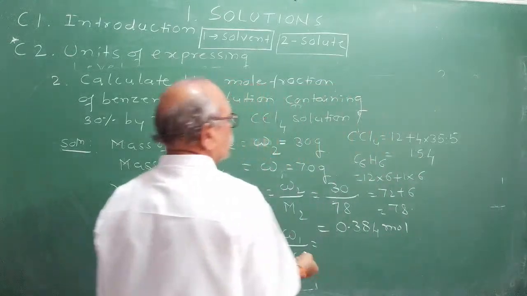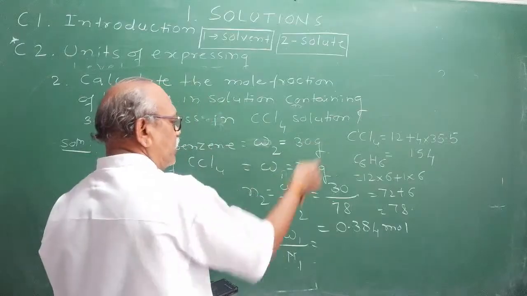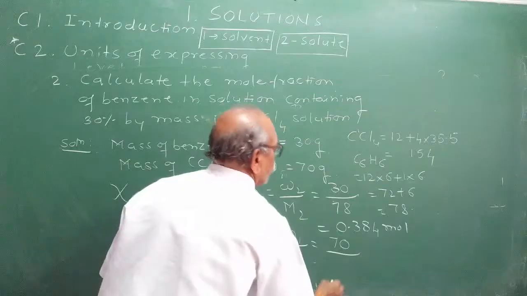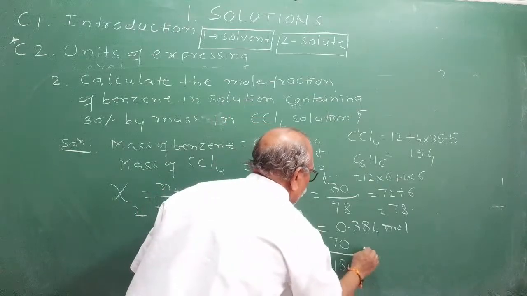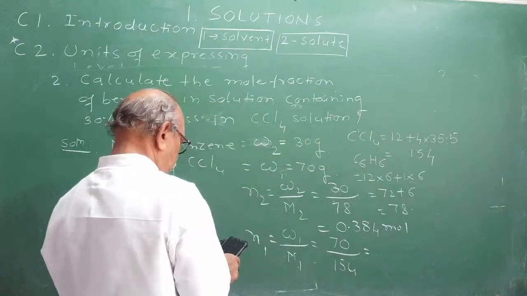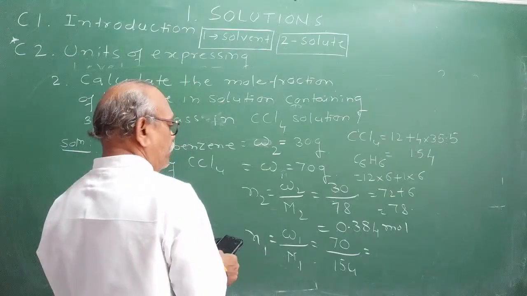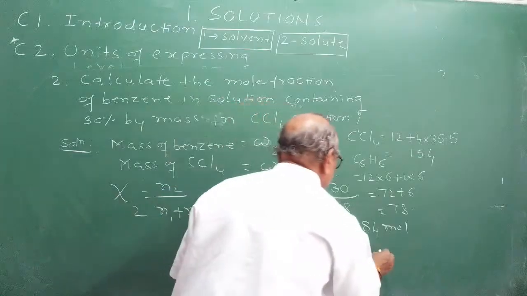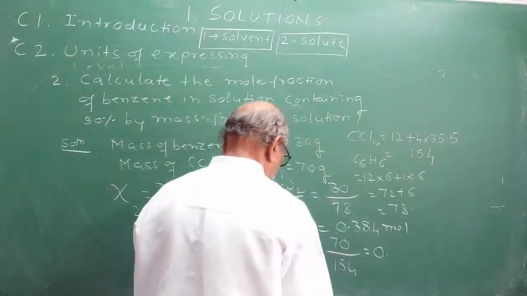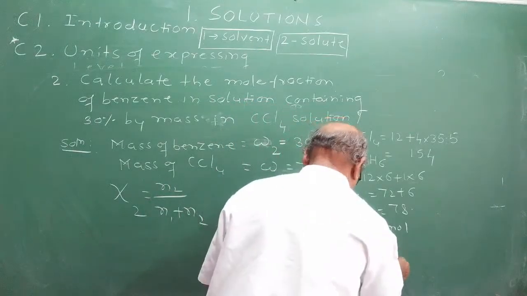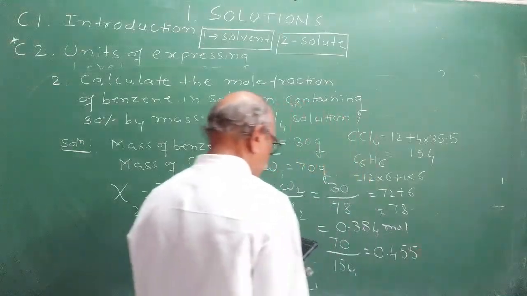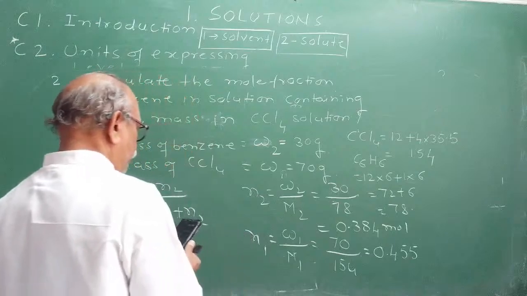So the molecular weight of carbon tetrachloride is 154. The mass is 70, so 70 divided by 154 gives you 0.4455.